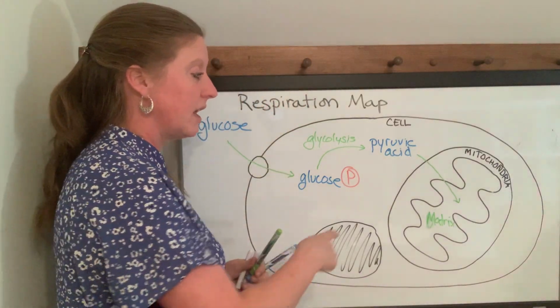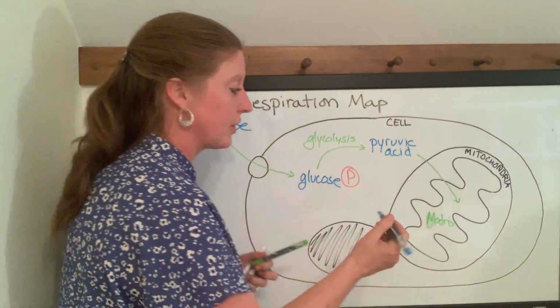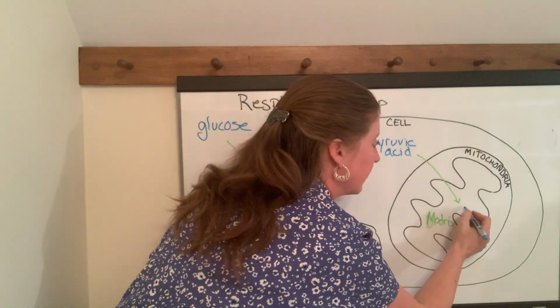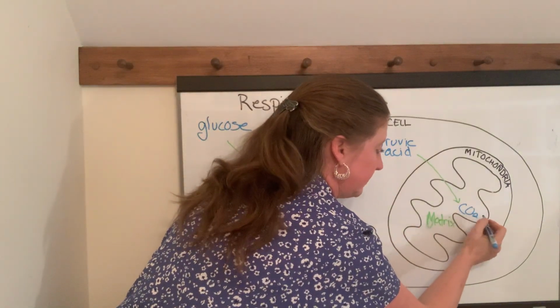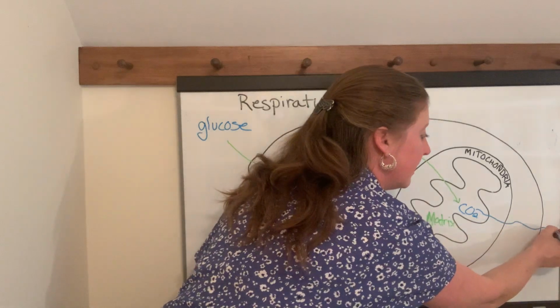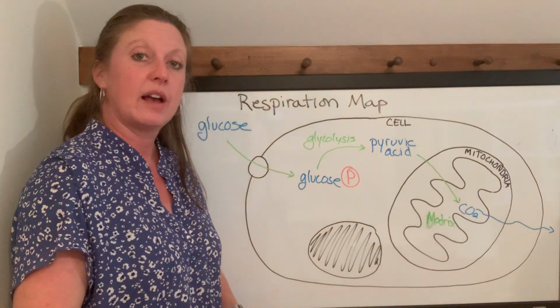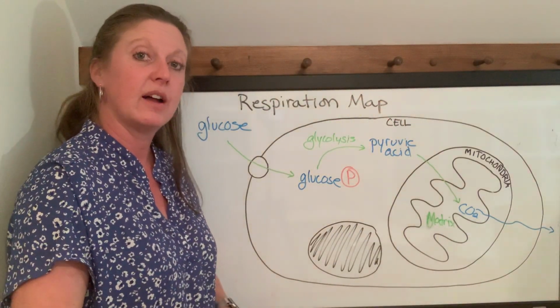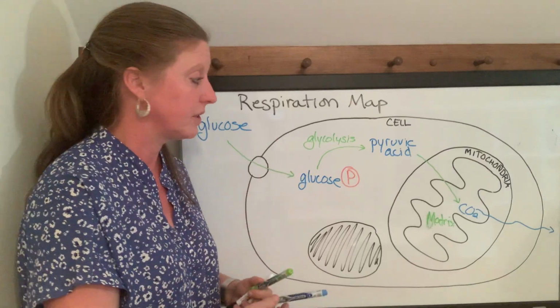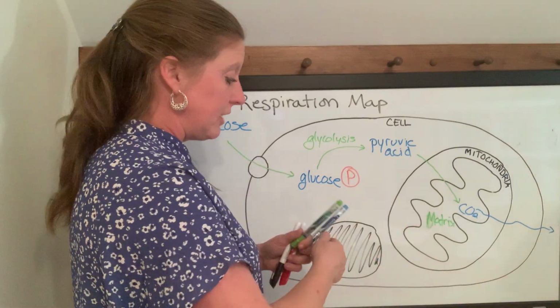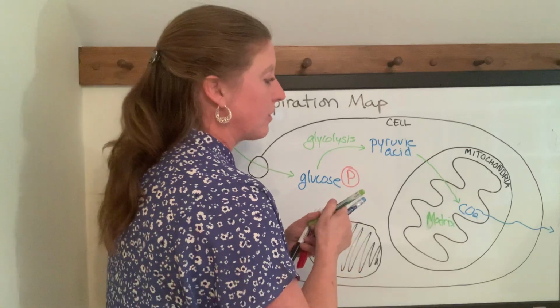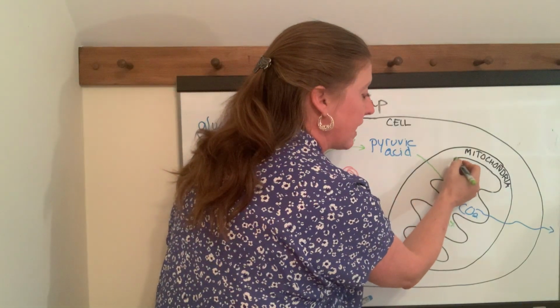In the matrix, the pyruvic acid is converted to carbon dioxide. And the carbon dioxide leaves or diffuses out of the mitochondria and out of the cell, and eventually is what we breathe out.